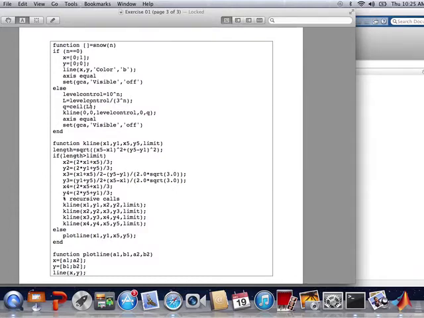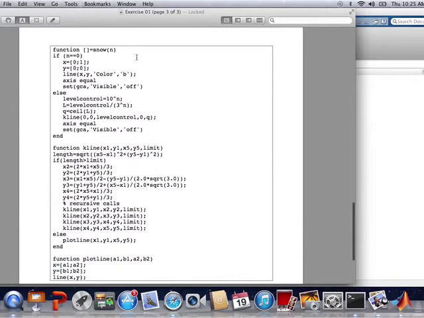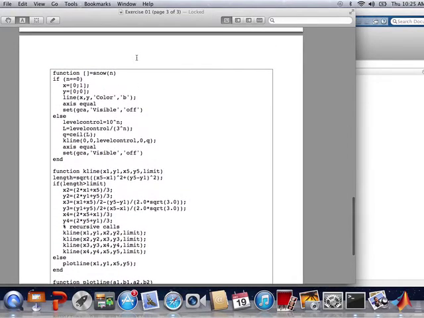For example, if we look at this function line, or rather this sentence, line followed by this parenthesis and some values, it looks very similar to how function cline is mentioned, but we don't describe it within the script. So that means MATLAB somehow knows that this is what the job of that specific function line is.